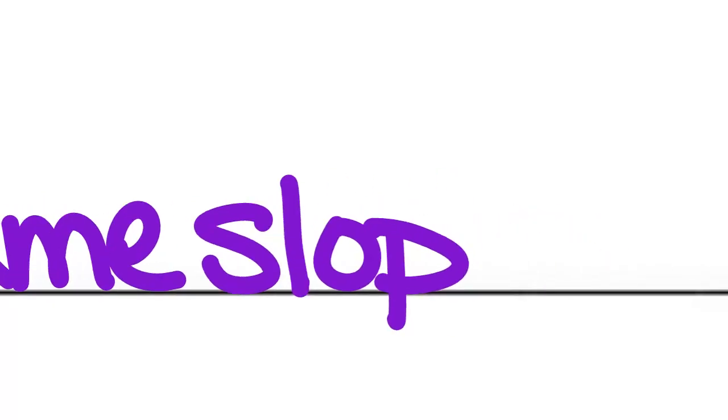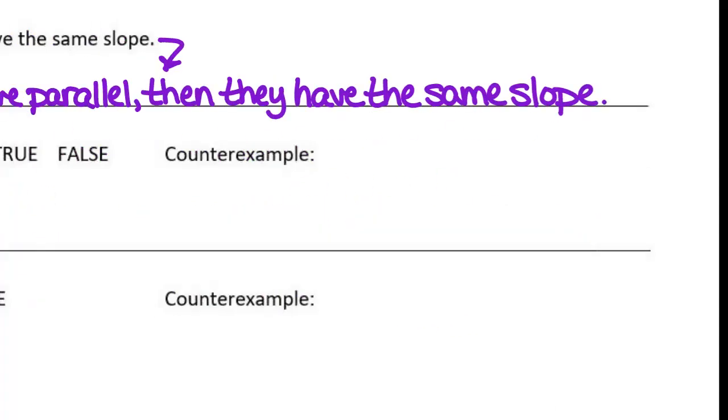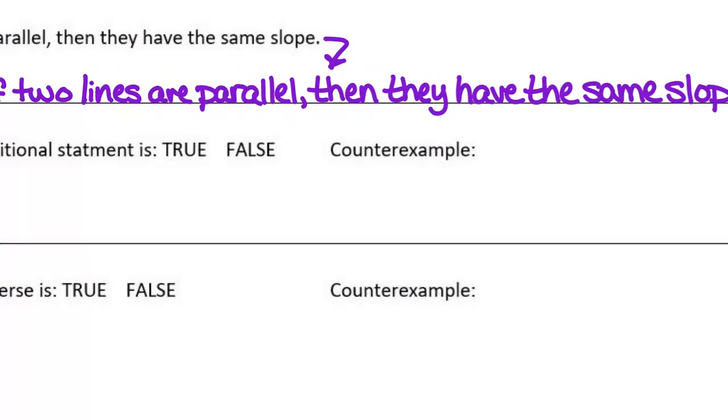What does parallel mean? Two straight lines. Where do they cross each other? Nowhere. Kind of like railroad tracks, right? Parallel lines never cross each other like railroad tracks.